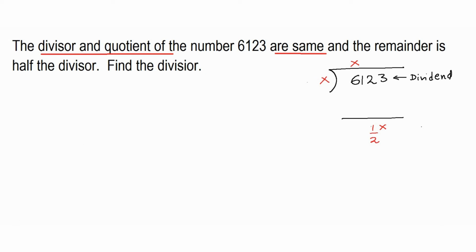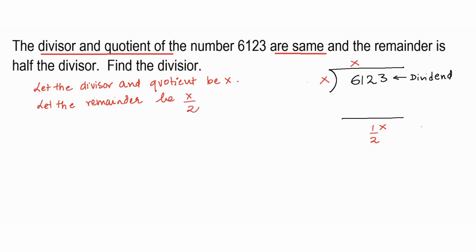So let us write some statements over here. Now we know the relation: dividend is equal to divisor multiplied by the quotient plus the remainder, right?